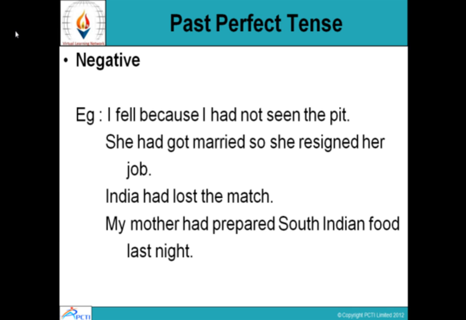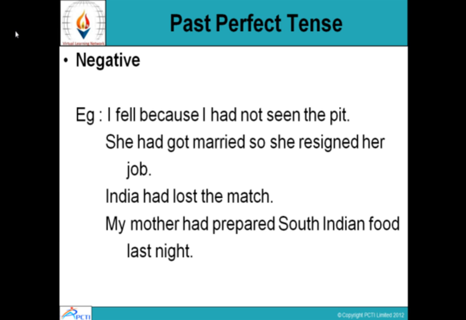How to make negative? By now, I am sure you know the formula by heart. Subject, helping verb, not, and main verb, and other details. I fell because I had not seen the pit.